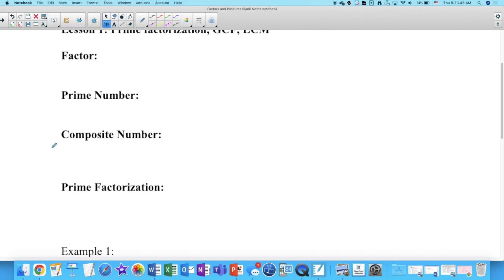Because that's going to be an important skill when we try and factor or we try and find a product perhaps. So I'm going to really rush through these definitions because we already discussed this when we were simplifying radicals.